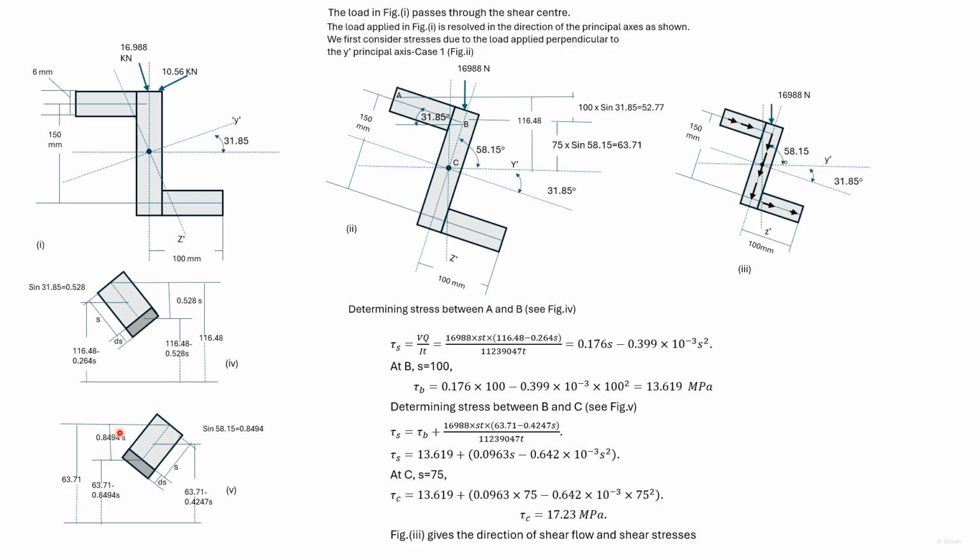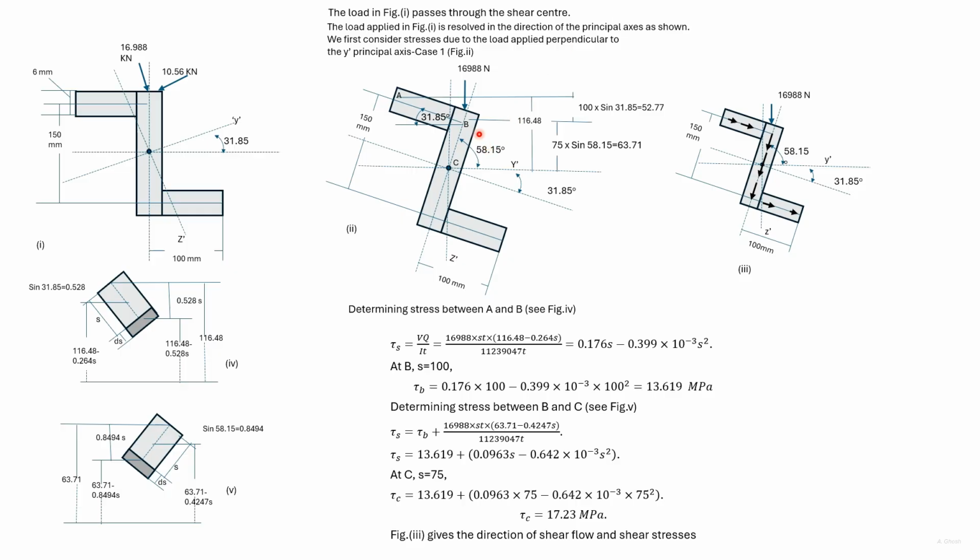So this vertical distance is 0.8494 S. We earlier found the vertical distance between B and C as 63.71. So the distance from the centroid of this section to the neutral axis is 63.71 minus 0.4247 S.